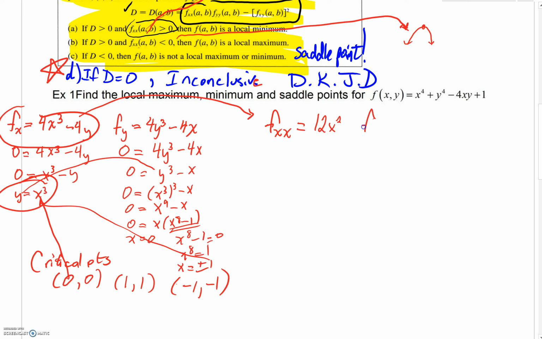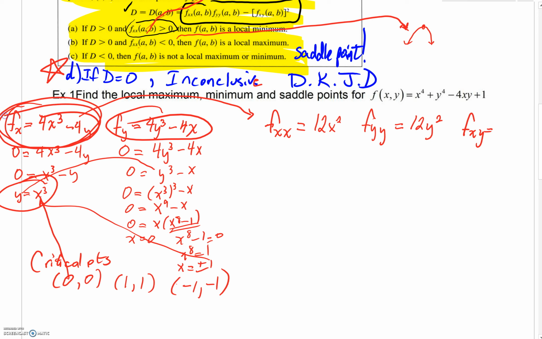If we take a derivative of y, yet again here, we'll do one more derivative with respect to y. We'll get a 12y squared here. And then if we wanted to find f_xy, we can go back to this first derivative with respect to x, but now take the derivative with respect to y, you will get negative 4.